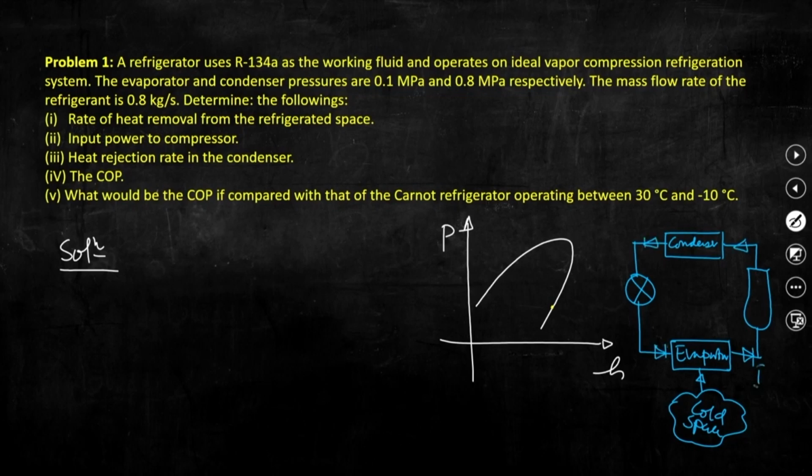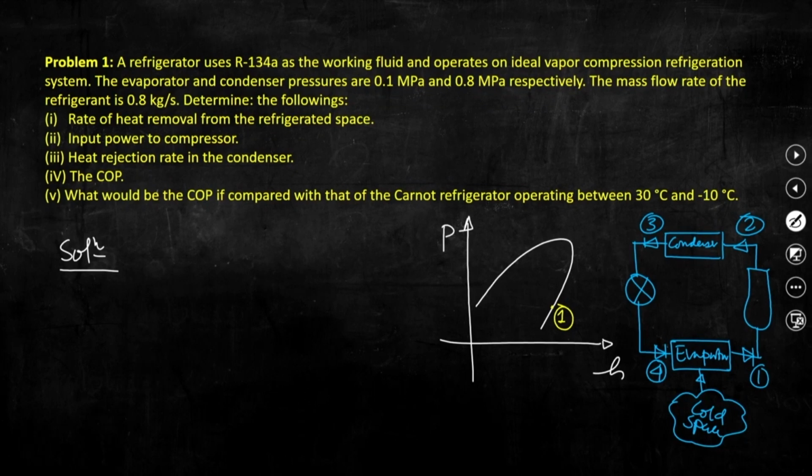So, point 1, point 2, point 3, point 4. So, this is the schematic description of this cycle. This is point 1, that is on the saturated vapor line, because we have discussed today again that the quality of the refrigerant at the exit of the evaporator is saturated.